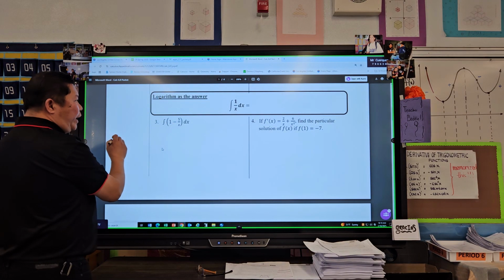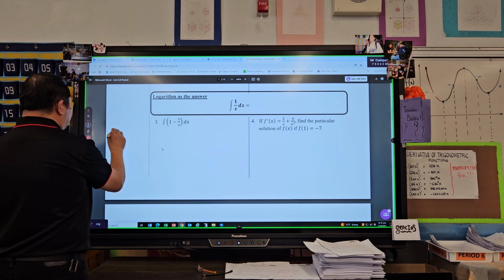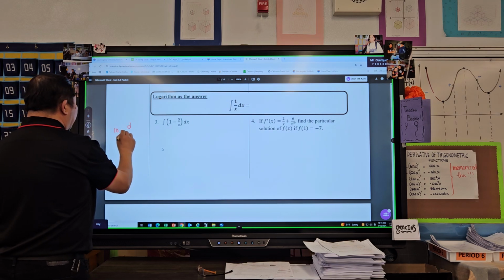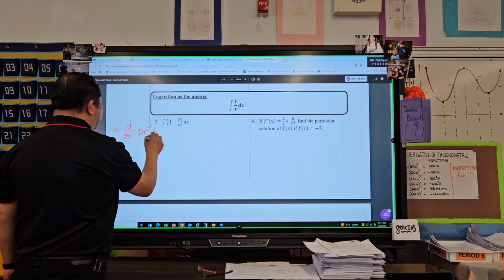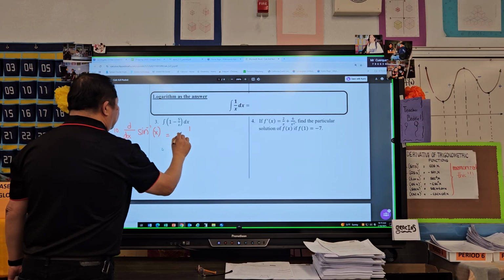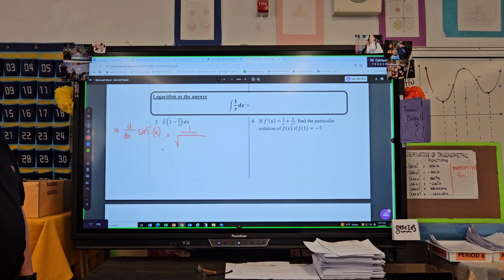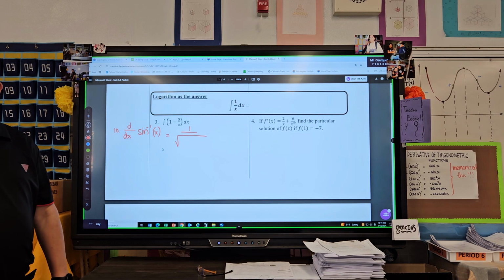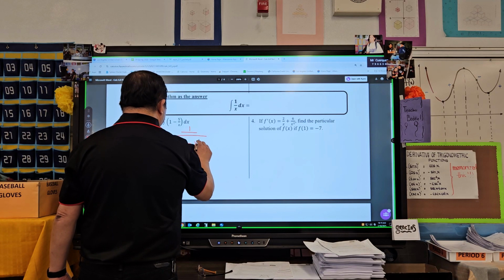So number 10, right? The derivative of sine inverse of x is equal to 1 over square root of, what is that, guys? Square root of 1 minus x squared. So 1 minus x squared.